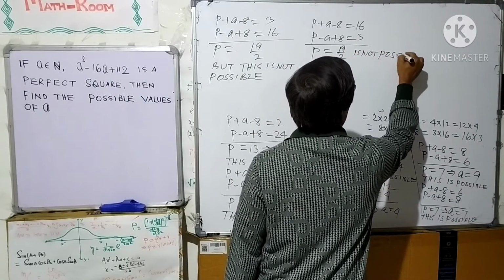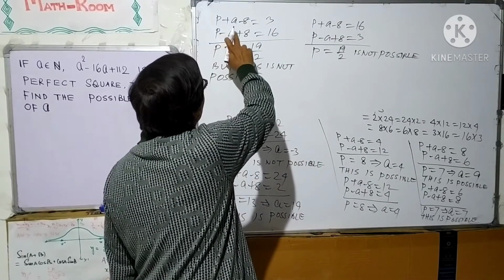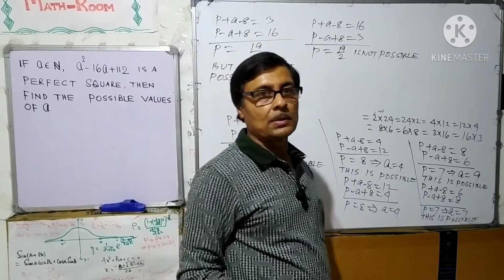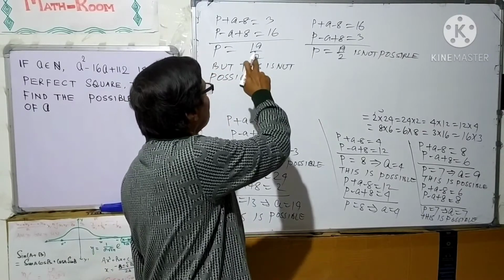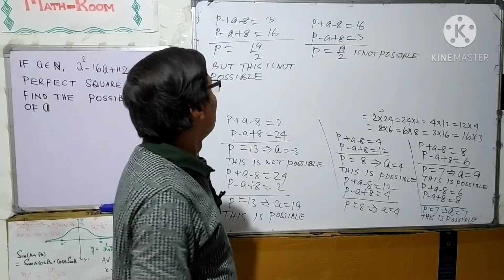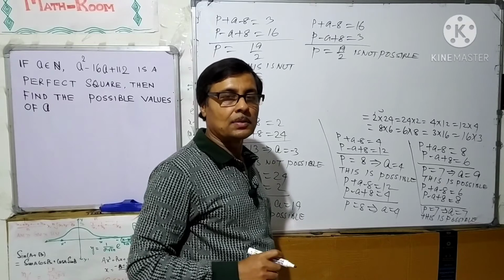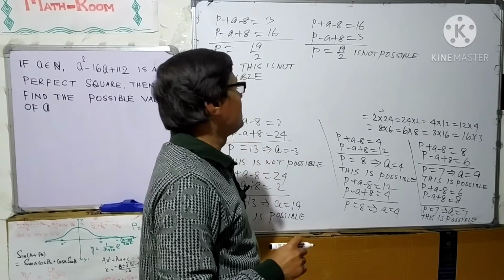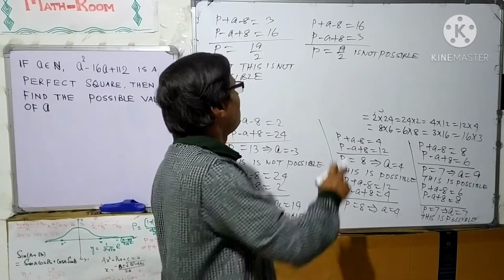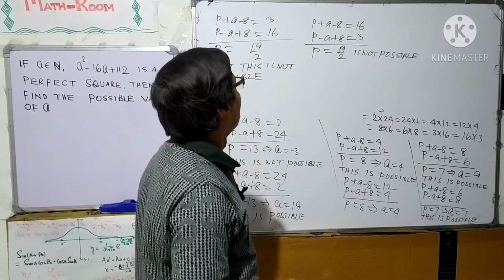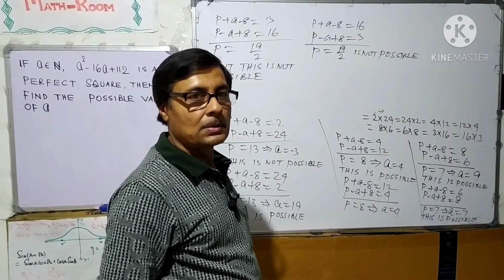So from these two sets of simultaneous equations, we are not able to find any possible values of p and a, because in both cases p is 19 over 2, which is a fraction, not a natural number, but p is a natural number. So p equal to 19 over 2 is not possible.